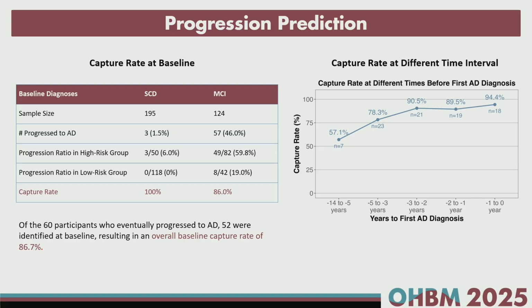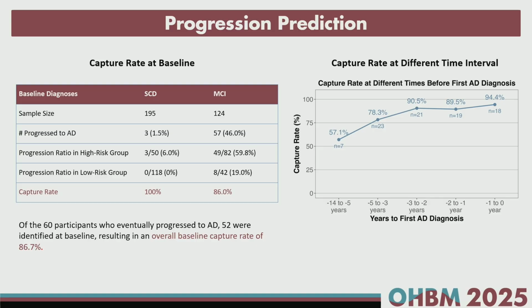As for progression prediction, of the 60 participants who eventually converted to AD, the model identified 52 of them at baseline, reaching a capture rate of about 86%.